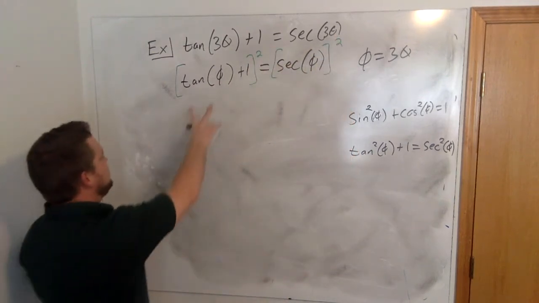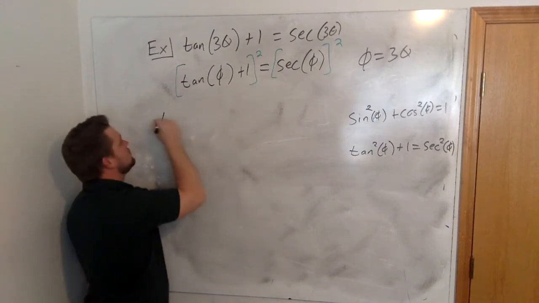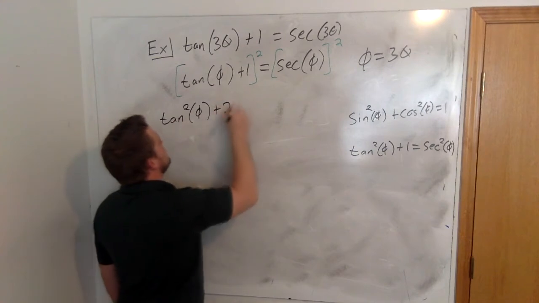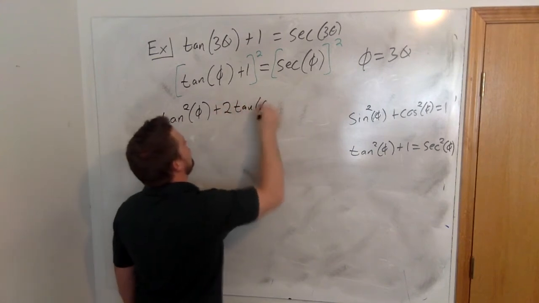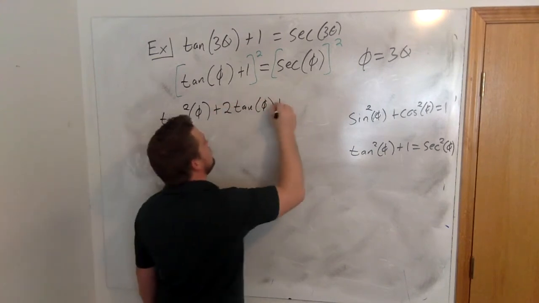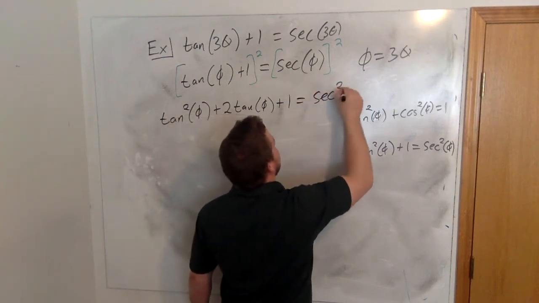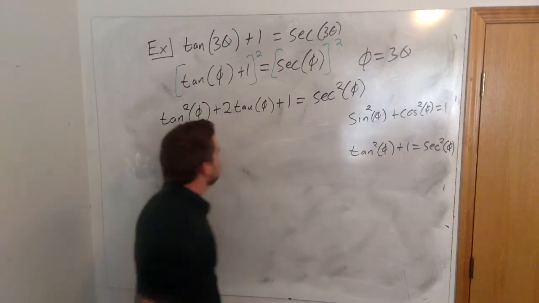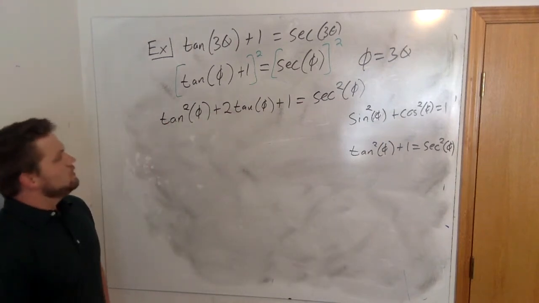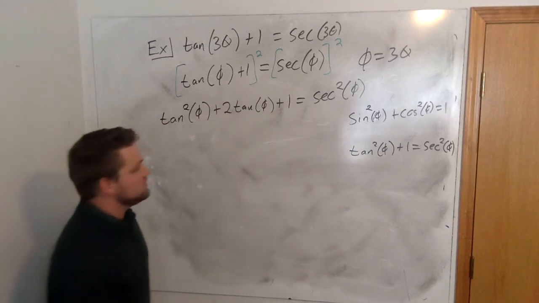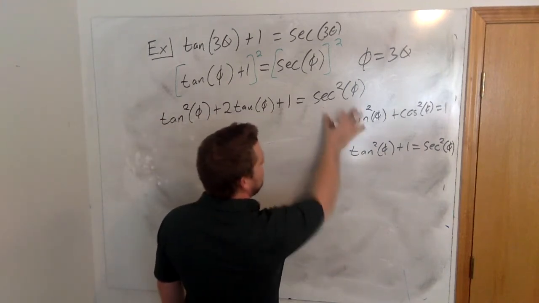Okay, on the left-hand side, if we expand this, we're going to get a tan squared of phi plus 2 tan of phi, that'll be from the O and the I in FOIL, plus 1 squared, or just plus 1, and that'll be equal to a secant squared of phi. Okay, so it would be nice for these all to be in terms of tangent. So let's replace secant squared in terms of tangent.